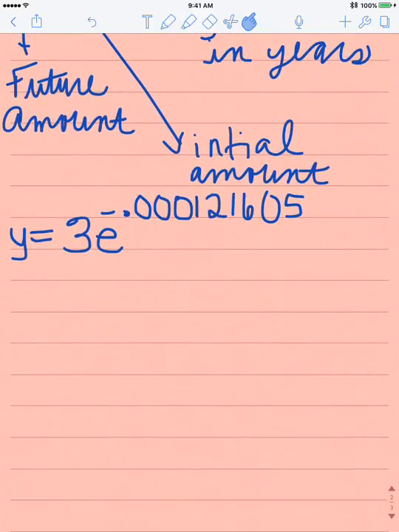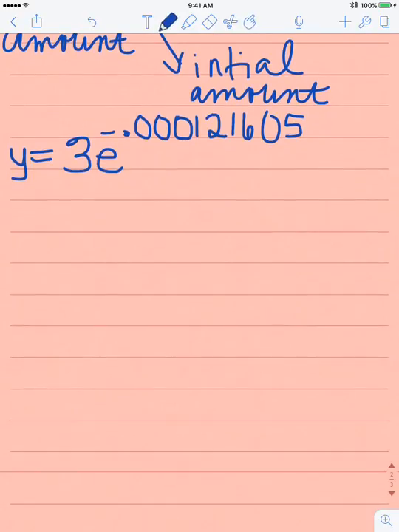Remember the problem saying, well, how much are you going to have after 1,000 years? So times 1,000. We don't really need a calculator for that. We're just moving the decimal place 3 places to the right. So 3e raised to that power. Okay, so let's keep going.